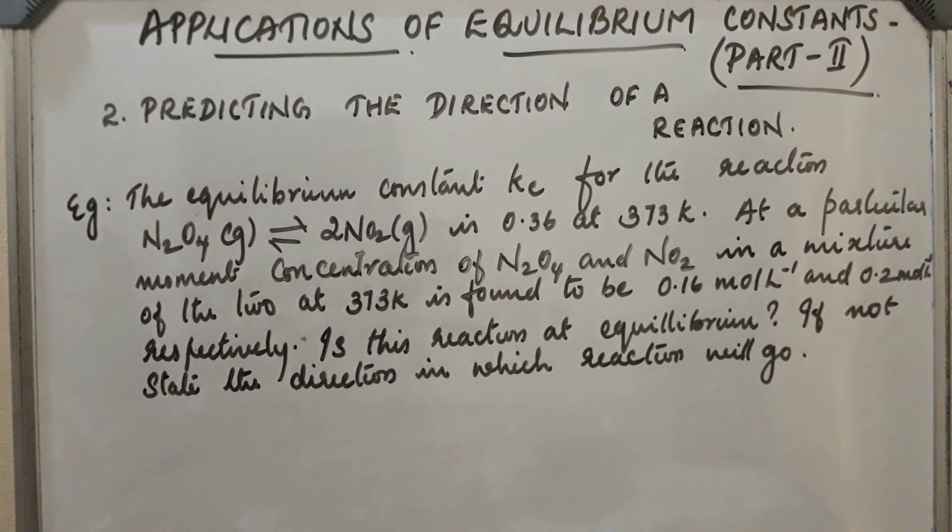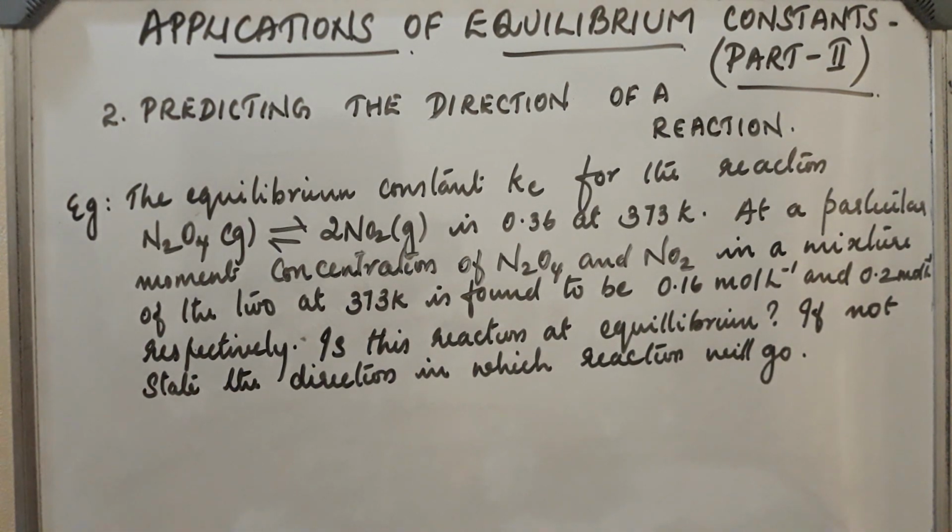From this data, first we have to find whether this reaction is at equilibrium. If the reaction is at equilibrium, QC will be equal to KC. Next, if not, state the direction in which the reaction will go. If the reaction is not at equilibrium, we have to find which direction it will proceed.